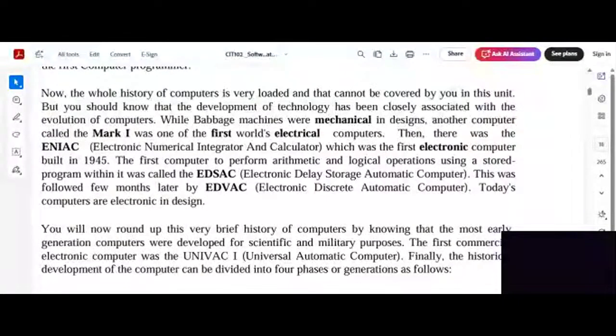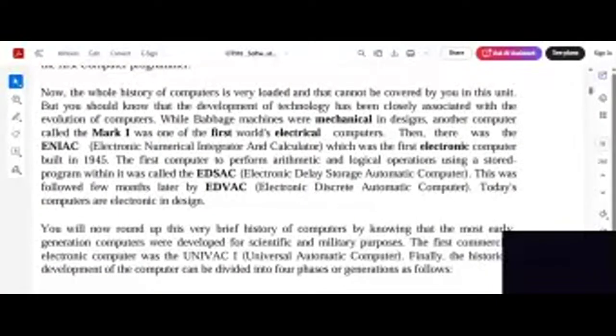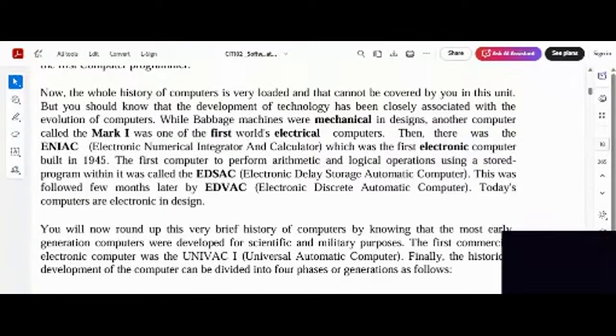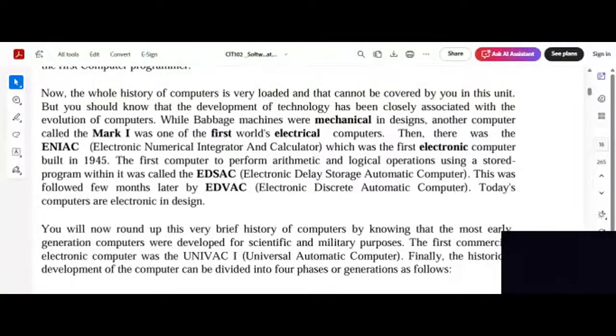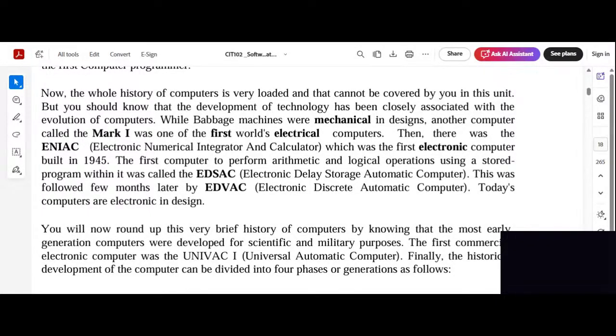Then there was ENIAC. ENIAC stands for Electronic Numerical Integrator and Calculator. That is the one we call ENIAC. And we say that ENIAC is the first electronic computer, built in 1945.